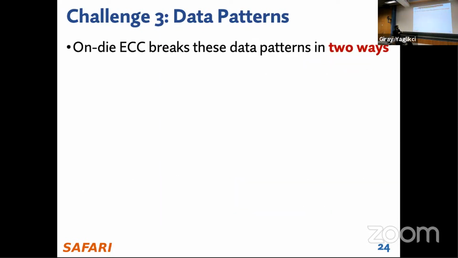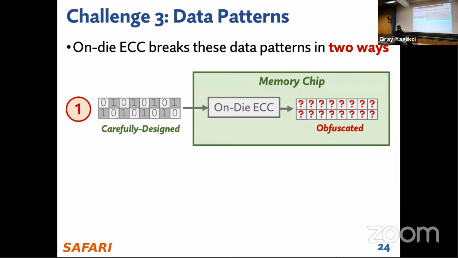On-die ECC breaks these in two different ways. First, there's a carefully designed test pattern, but once it goes through on-die ECC encoding, it becomes obfuscated within the memory device. Previously we mentioned the systematic encoding, so potentially a portion of this data is preserved as is in the physical device, but the parity check bits, which will be appended, are now determined as a function of the on-die ECC instead of the carefully designed pattern that the user provides.